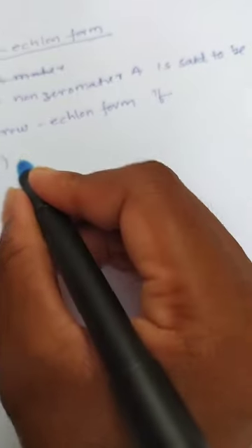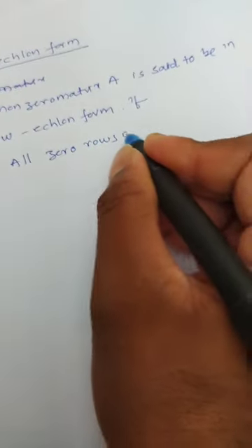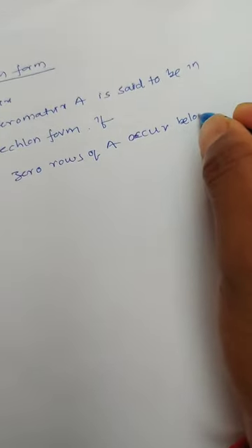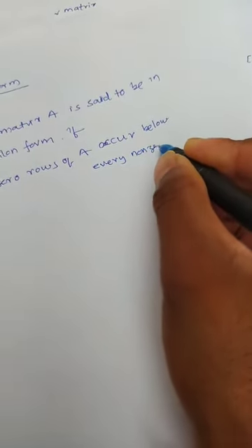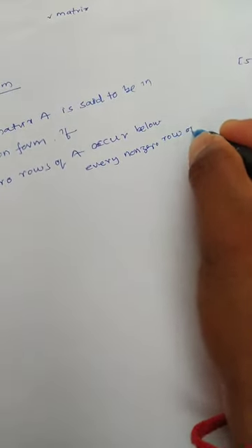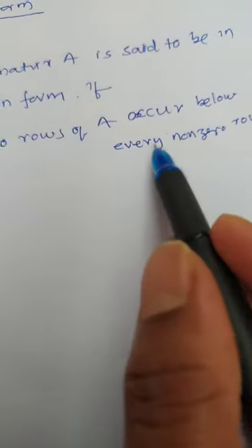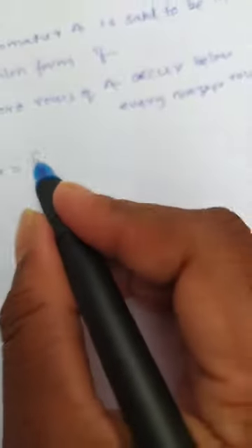What is the first condition? All 0 rows of A occur below every non-zero row of A. That means, for example, suppose I'm taking a 2 by 2 matrix.